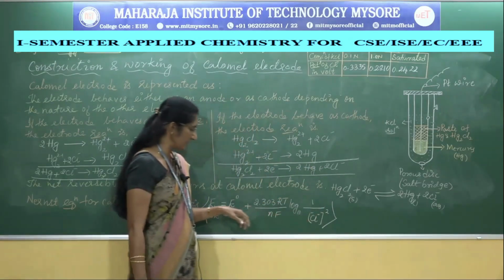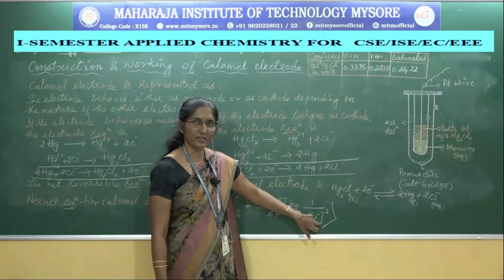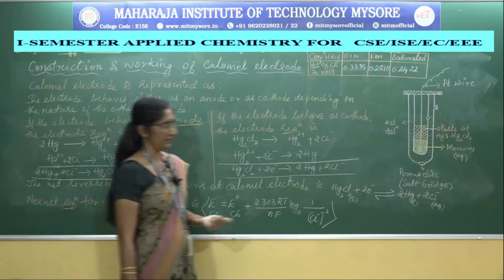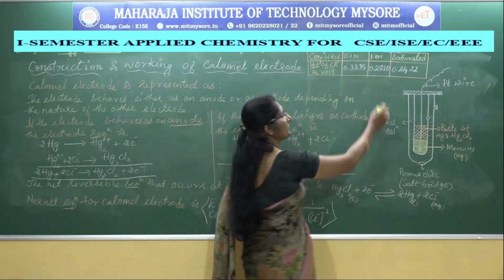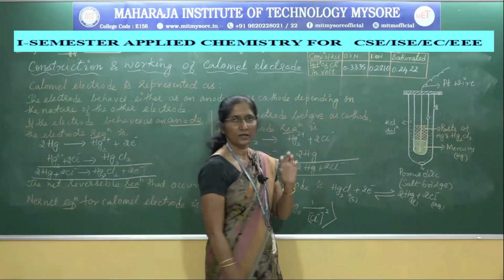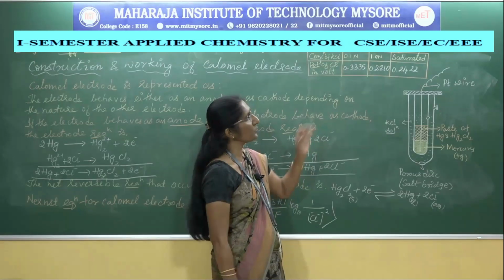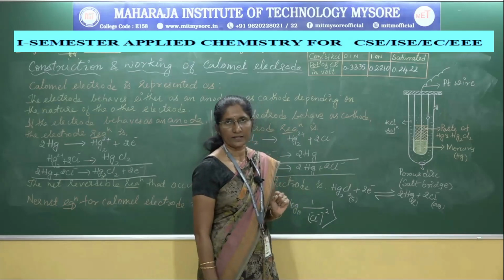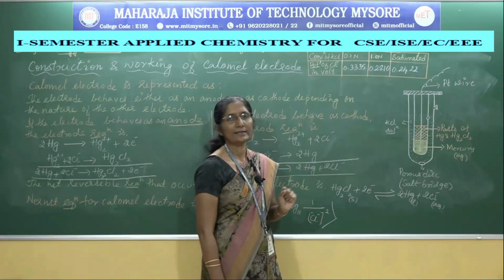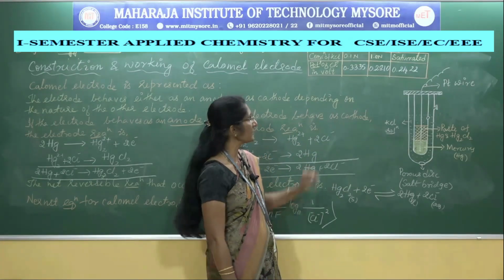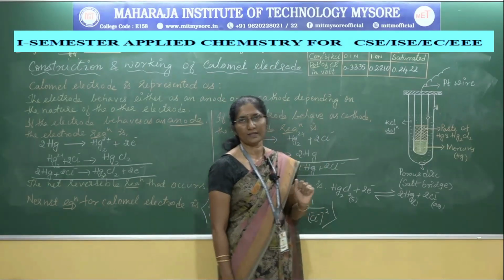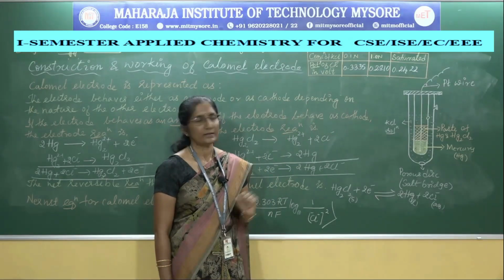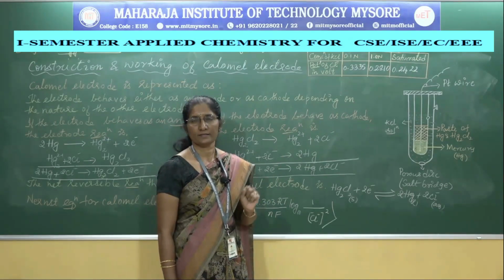According to the Nernst equation, as the concentration of chloride ions increases, its electrode potential decreases. For the saturated calomel electrode, the potential is 0.2422. For normal KCl solution, it is 0.2810. For decinormal KCl solution, the potential of the calomel electrode is 0.335 volt.